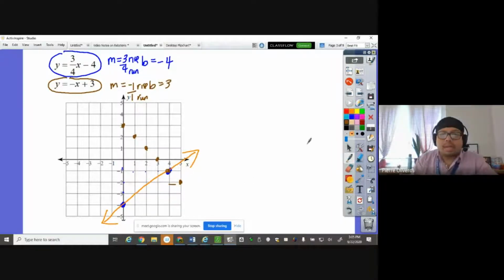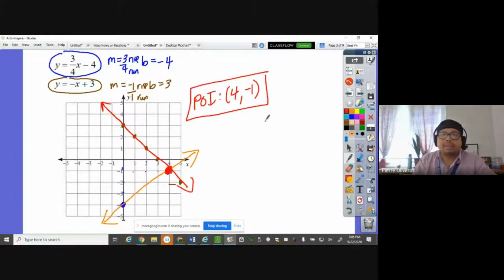For accuracy purposes, I need you to find a way to make those points intersect the first line, if possible. So here they intersected already. So I know that the graph intersected at this point. Your POI, or your solution, or point of intersection, is 4 comma negative 1.